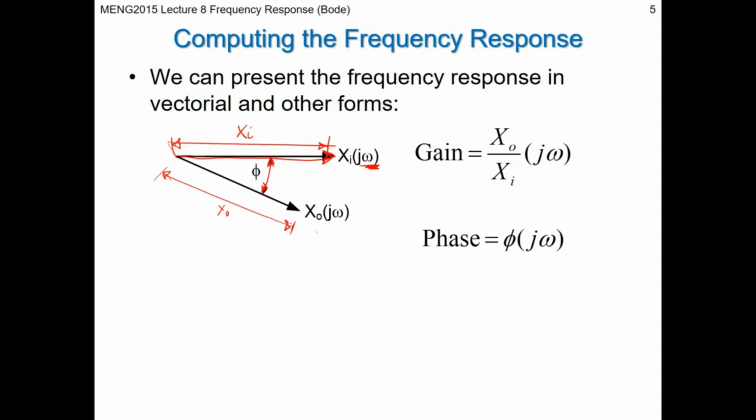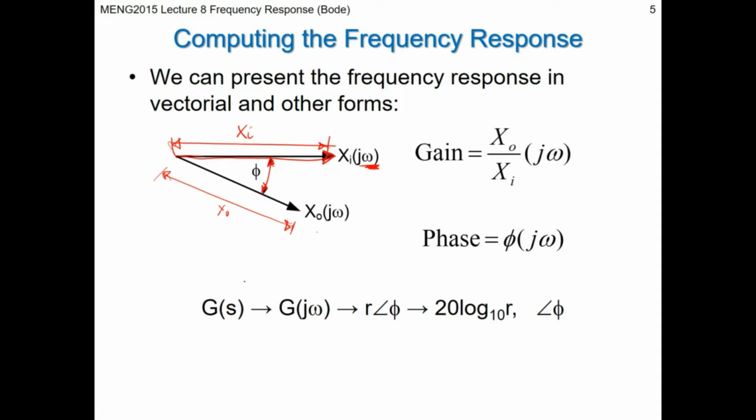So this is a vectorial way of representing our frequency response, and our gain is our output magnitude x out over our input x in. So it's the relationship between those, just the quotient of those two, and then our phase is the angle between them. So that's a vectorial relationship.